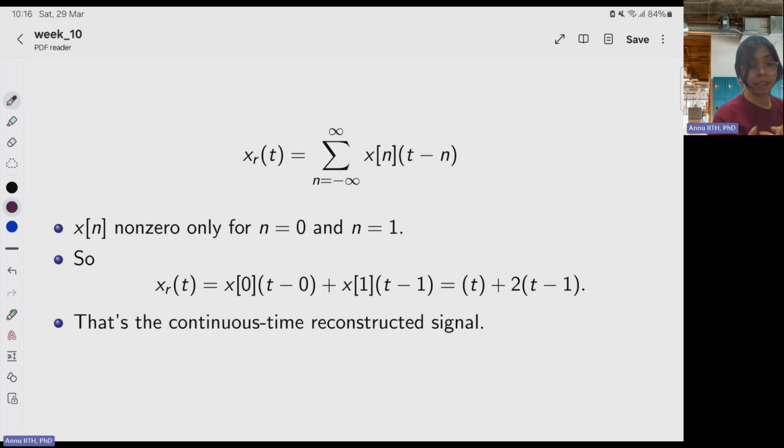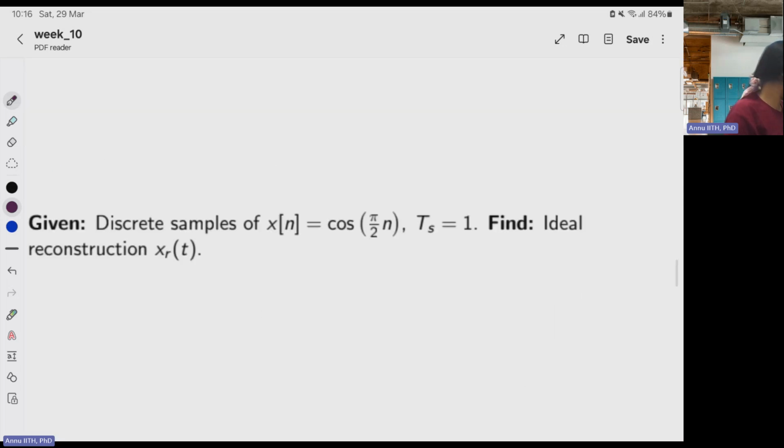Just putting in the values gives the reconstructed signal.